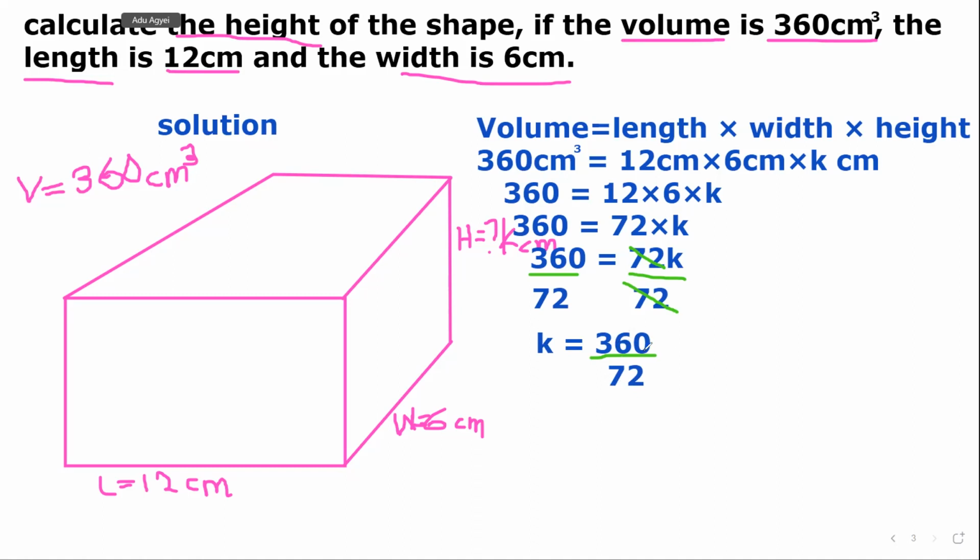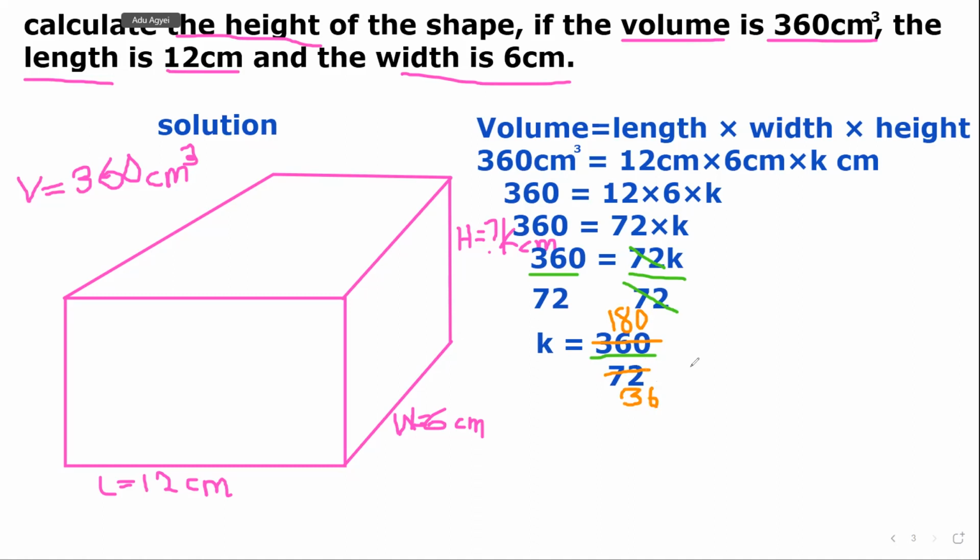Because the last digit ends with 0, an even number, it means the 2 can cancel both at the same time. So 2 goes into 360 is 180. Good. And 2 goes into 72, and that one too is 36.